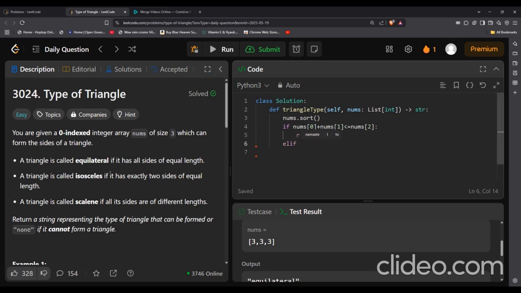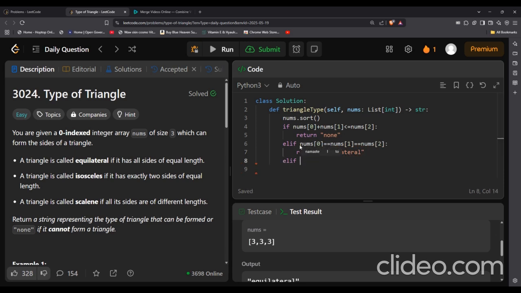Let's go with the first, the equilateral case. If nums of 0 equals nums of 1 equals nums of 2, if all three sides are equal, we return equilateral.